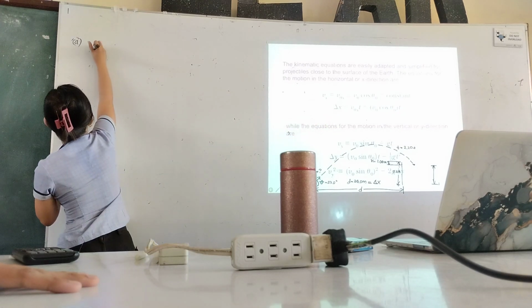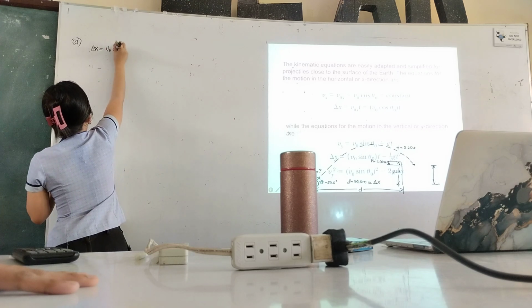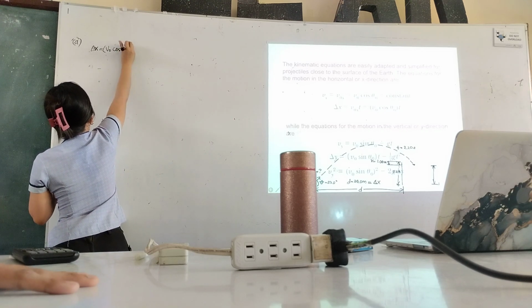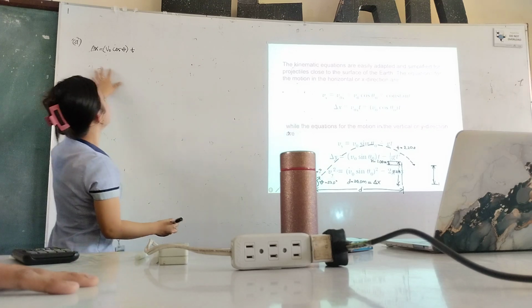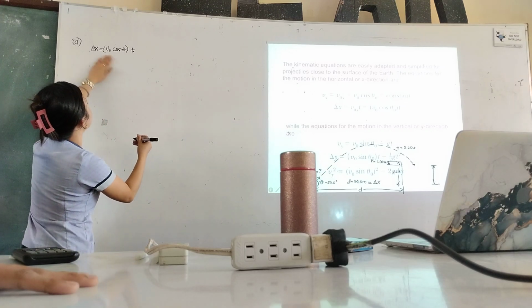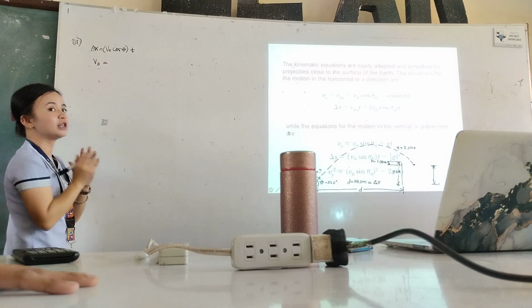So delta x is equal to V0 cosine theta times time. We have 24 meters.